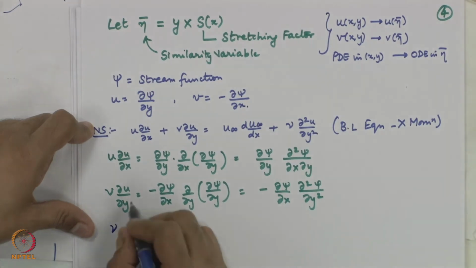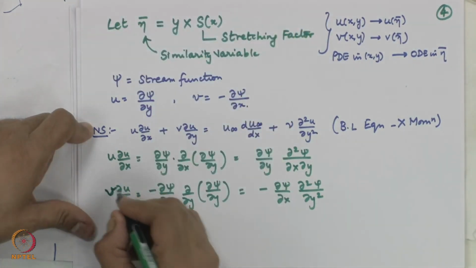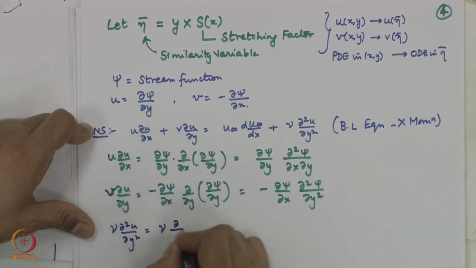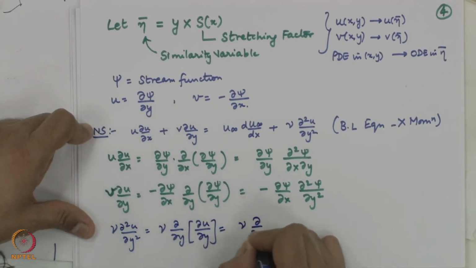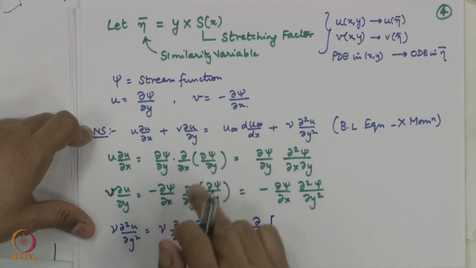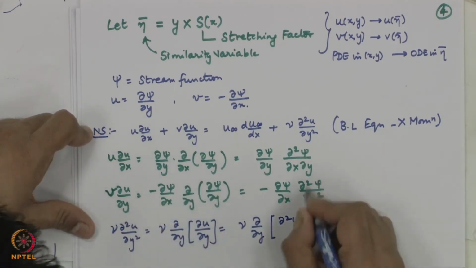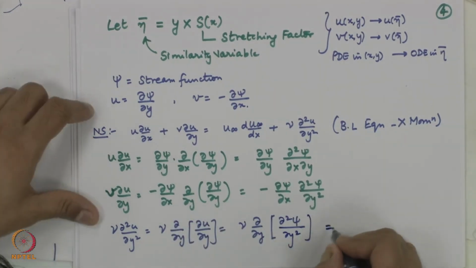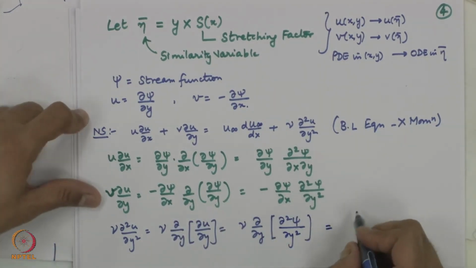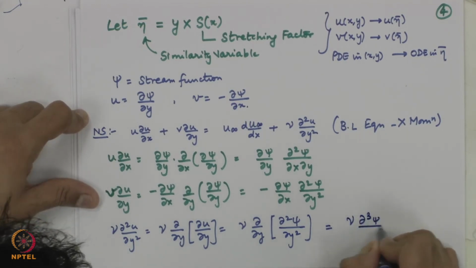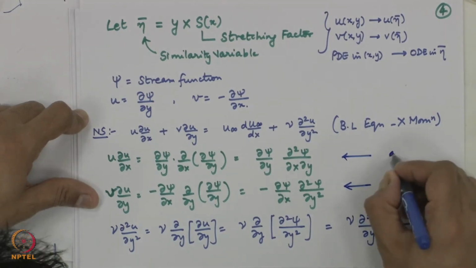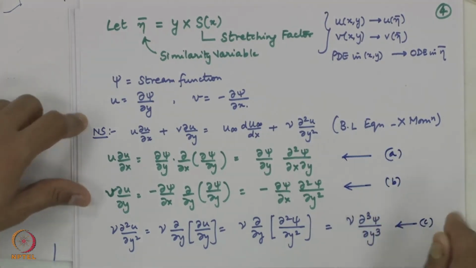And the third one, nu d squared u by dy squared, is nothing but nu d by dy of du by dy, where du by dy was d squared psi by dy squared. Therefore, it comes out to be nu d cube psi by dy cube. These are 1, 2, 3, A, B and C. We will use this a little later.